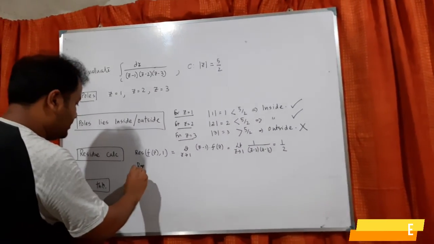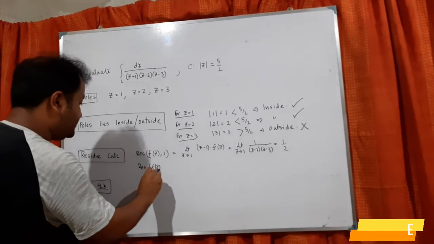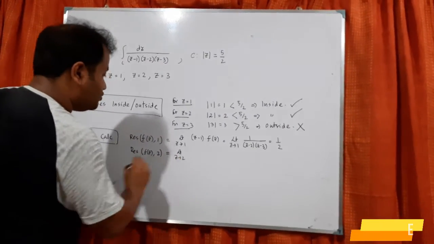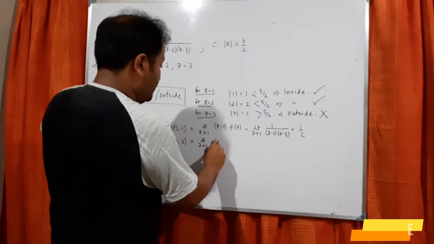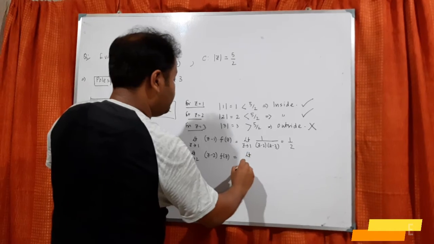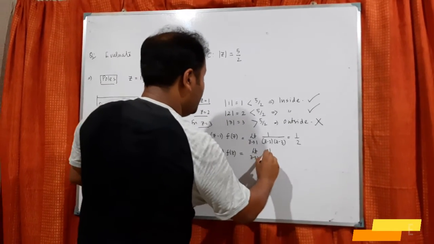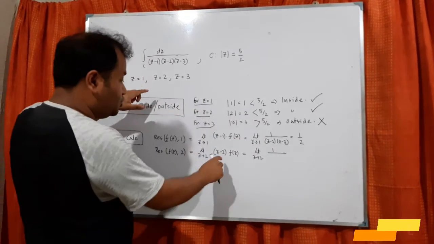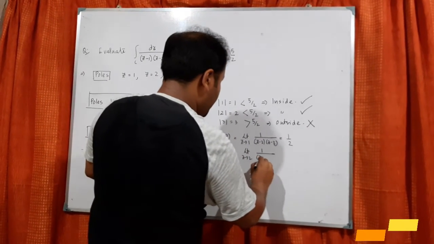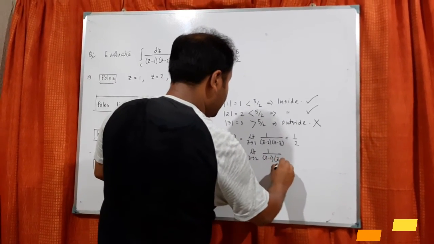Similarly, residue of f(z) at the point 2 will be limit z tends to 2 of (z minus 2) times f(z). So limit z tends to 2, z minus 2 and z minus 2 will be cancelled. So it should be 1 by (z minus 1)(z minus 3).